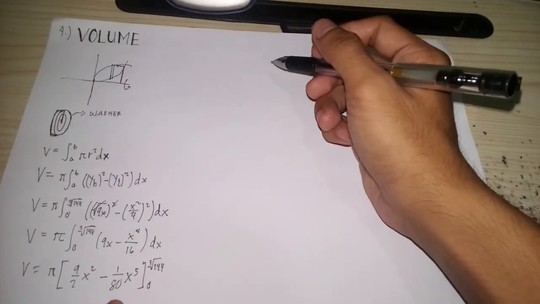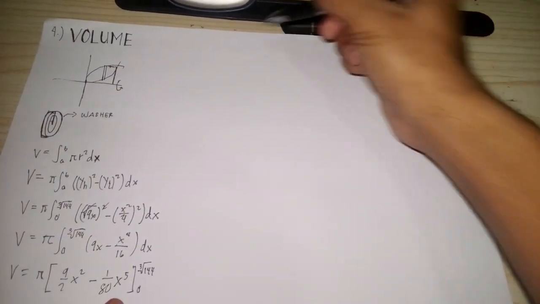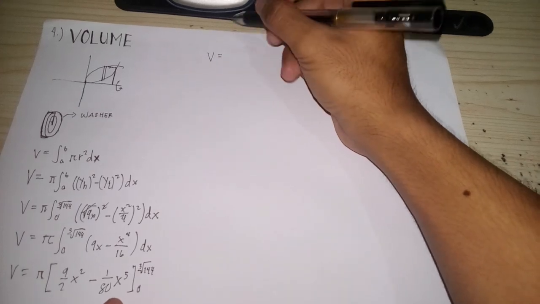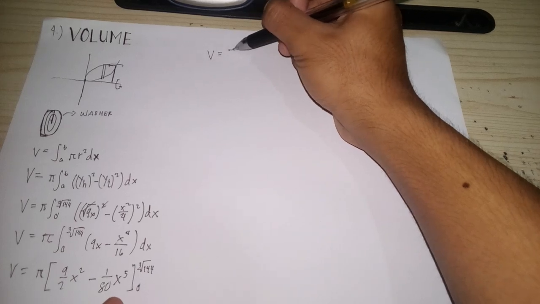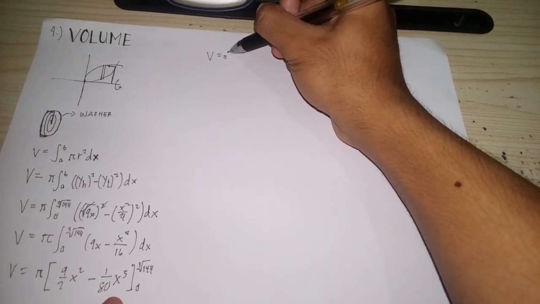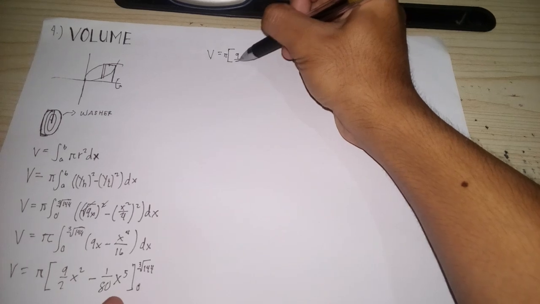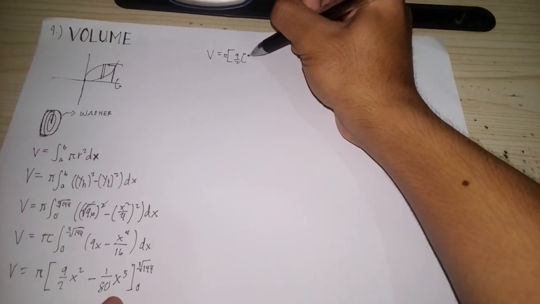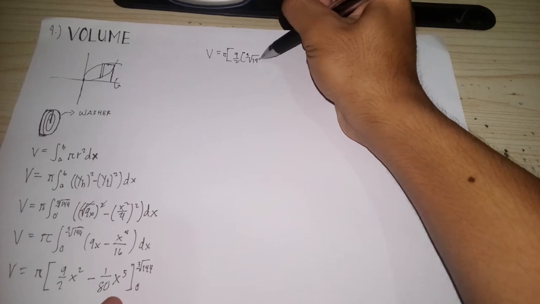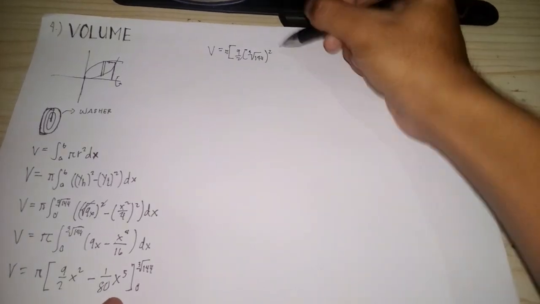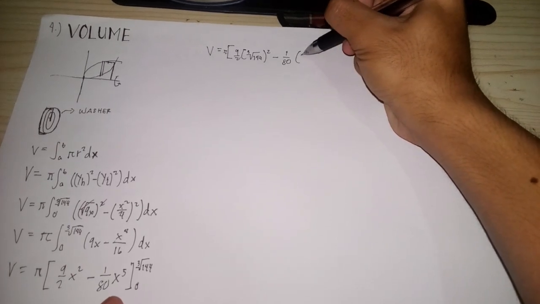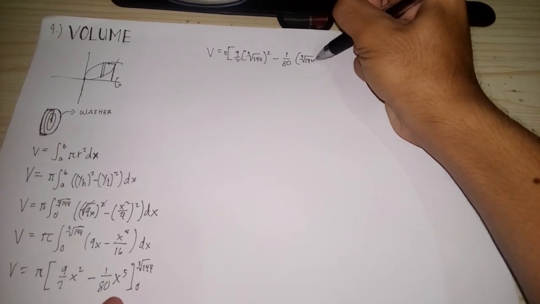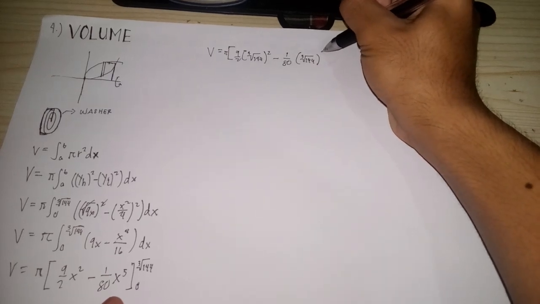Now we solve this. If we substitute the value of our limit to x, so pi times 9 over 2 cube root of 144 raised to 2 minus 1 over 80 cube root of 144 raised to 5.